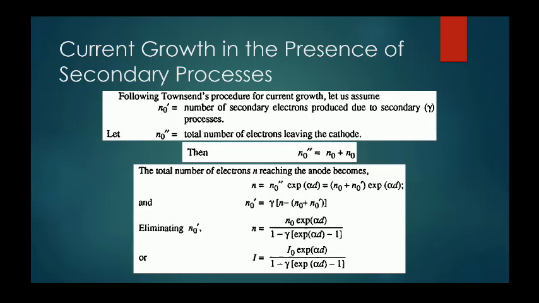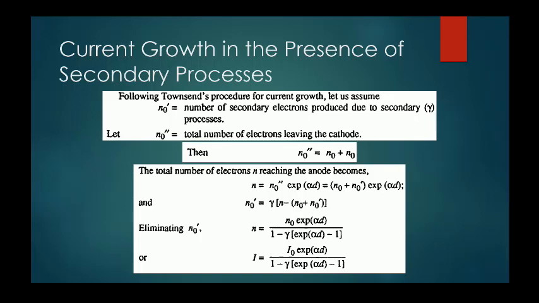The total number of electrons N reaching the anode becomes N equals N0 double dash times exponential alpha d. Or, rearranging it, N equals N0 plus N0 dash times exponential alpha d. And N0 dash is nothing but gamma times N minus N0 plus N0 dash.